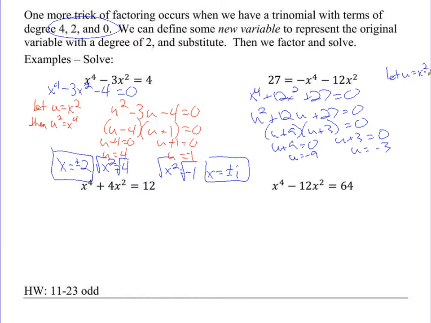Back substitute, u is x squared, so I can write x squared equals negative 9, x squared equals negative 3. Square root both sides. So for this one I get x equals plus or minus, don't forget, 3i is correct.